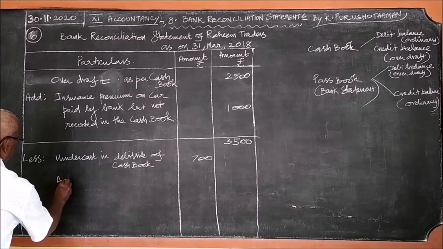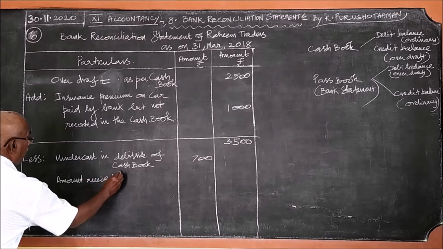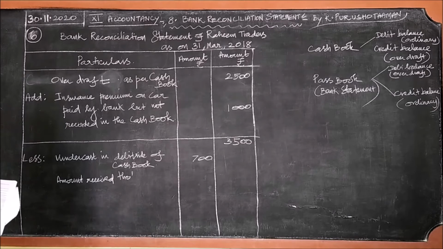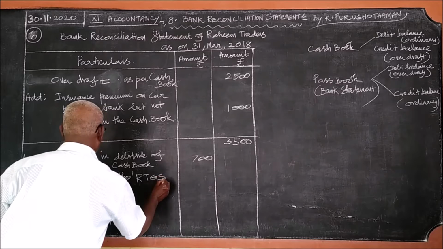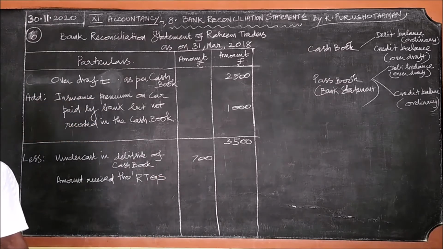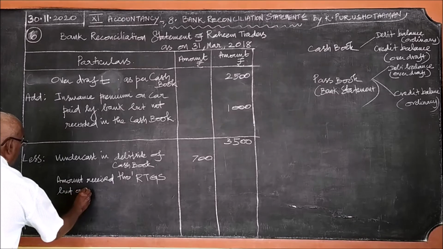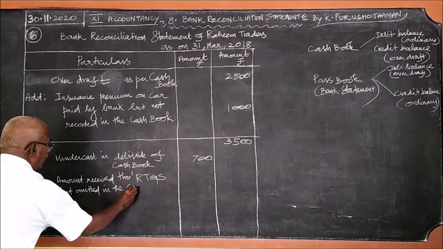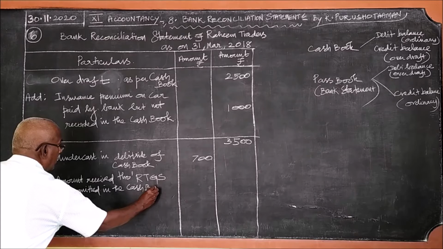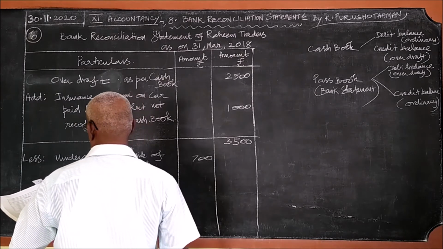Amount received through RTGS but omitted in the cash book. That amount is 2 lakhs.